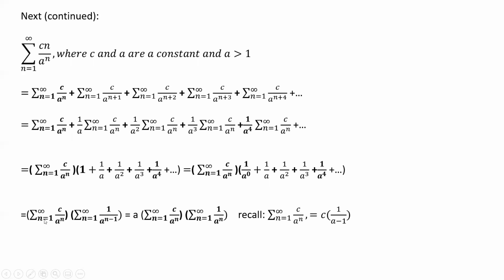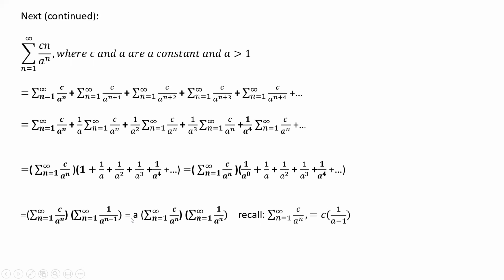And again, I want to be able to combine these series to have the same kind of constant over a to the n. So I can just pull out an a from the denominator, but since the minus 1 is actually in the numerator, I can slap on an a out front here. And now I have a constant over a to the n in both places. And now that it's in the form that we originally established, c over a to the n, I can use our formula that we originally wrote.